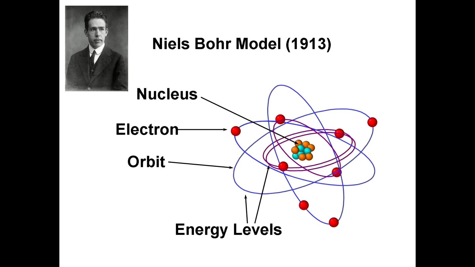But the electrons move on certain orbitals, okay, and each orbital has a different energy level. So this is also called the orbital electron model.